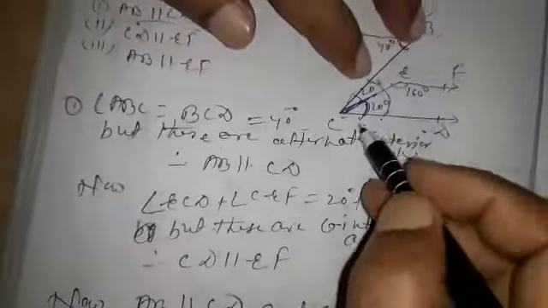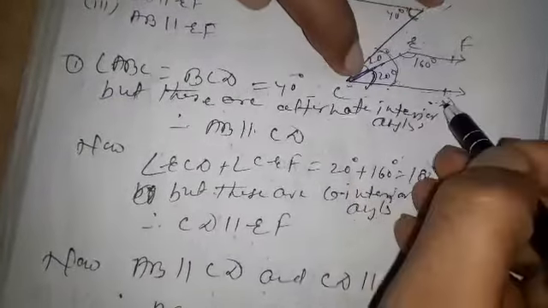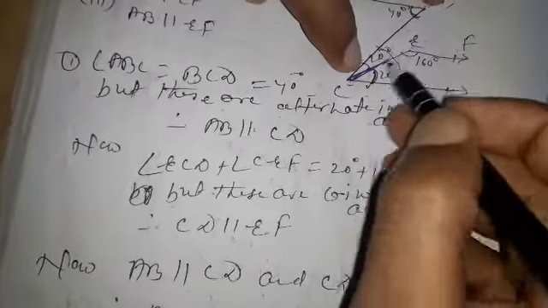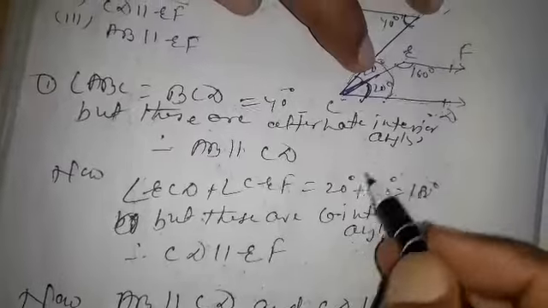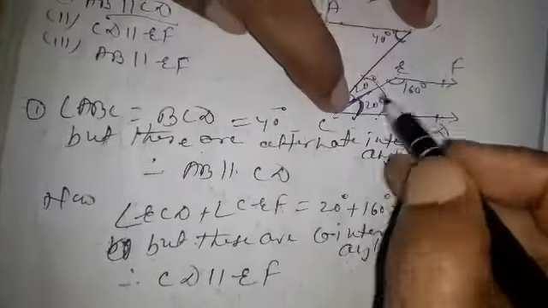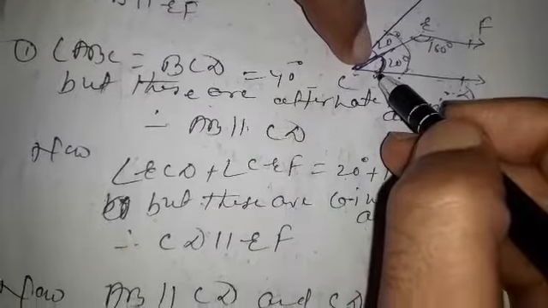Now in the case of CD and EF, angle ECD plus angle CEF, their sum is 180 degrees, because 20 degrees plus 160 degrees is 180 degrees.